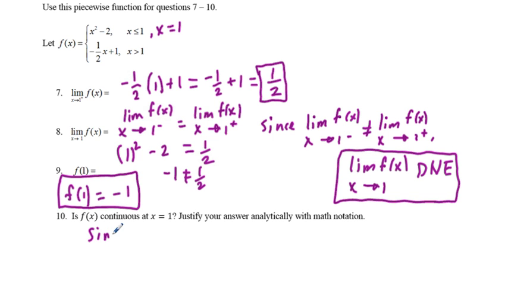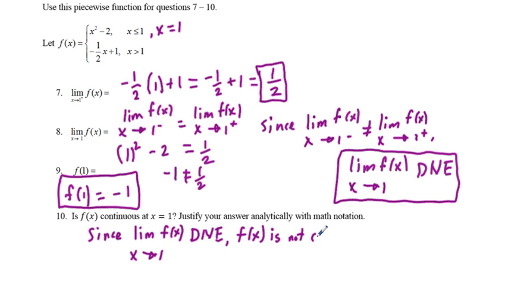So we say since the limit as x approaches 1 of f of x does not exist, f of x is not continuous at x equals 1. So we'll box this in as a correct answer also.